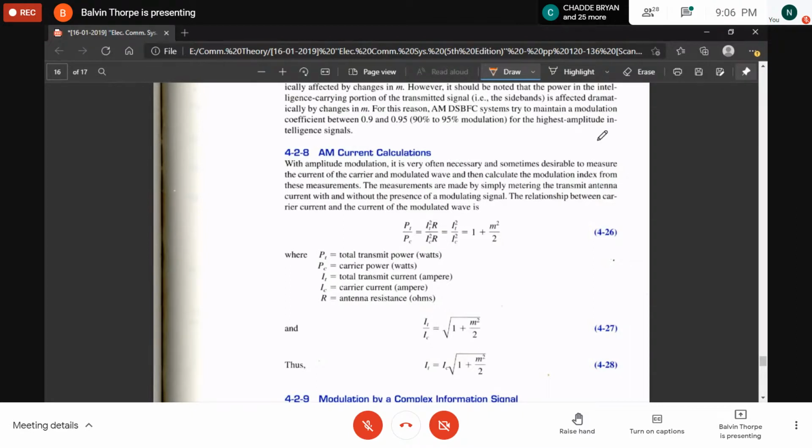Yes. If that's the case, then what would be the purpose of having both upper and lower bands in the first place?